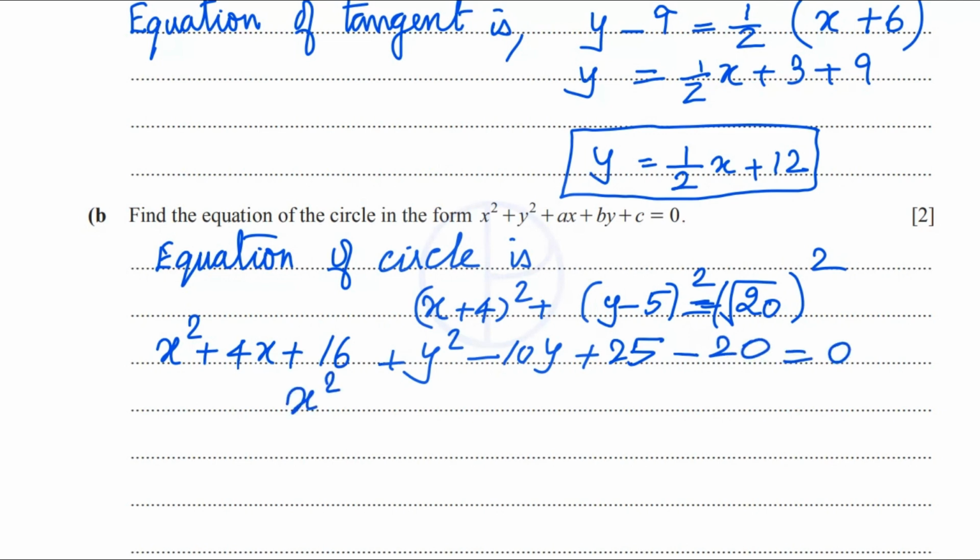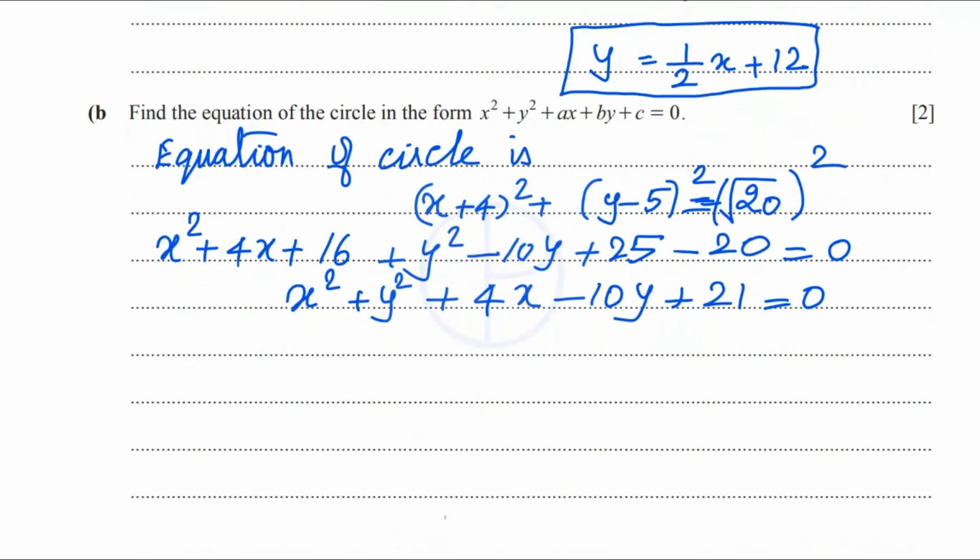So x square plus y square plus 4x minus 10y, and what is the constant? 16 plus 25 minus 20, which is 21, equal to 0. So this is the equation of the circle in the form x squared plus y square plus ax plus by plus c equal to 0.